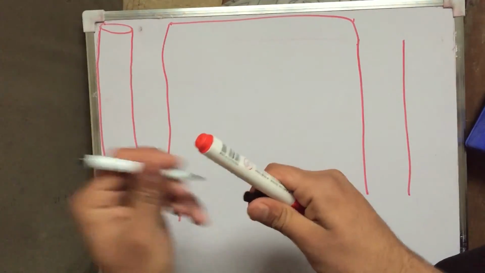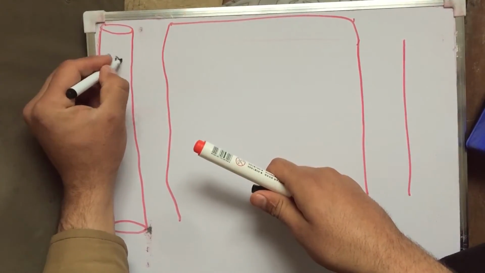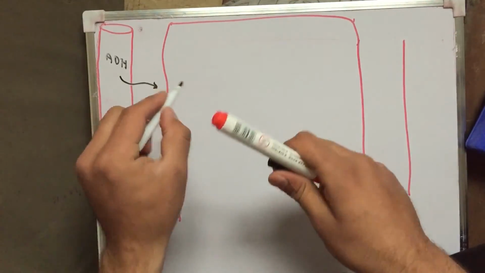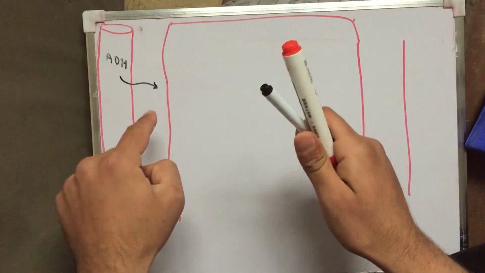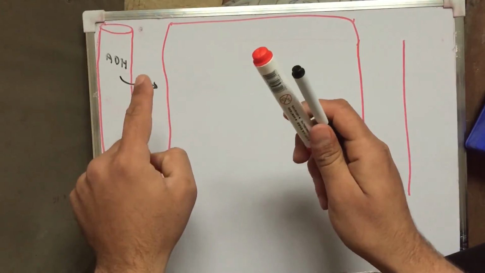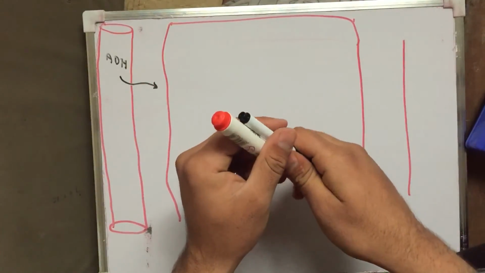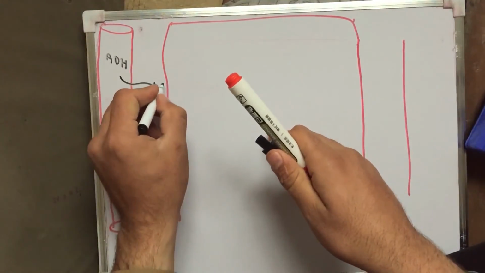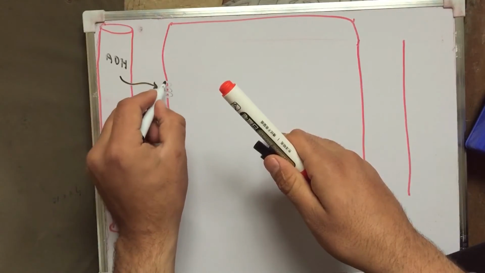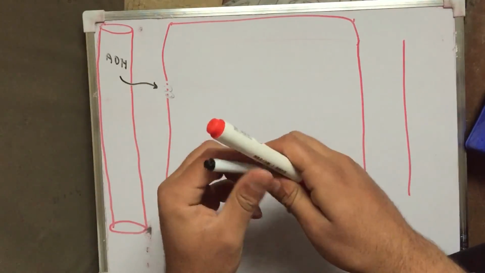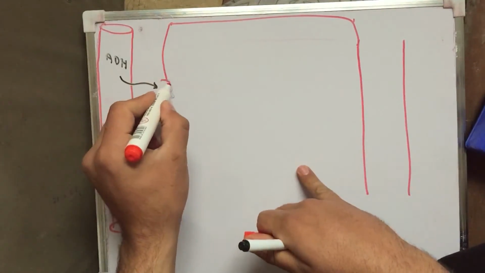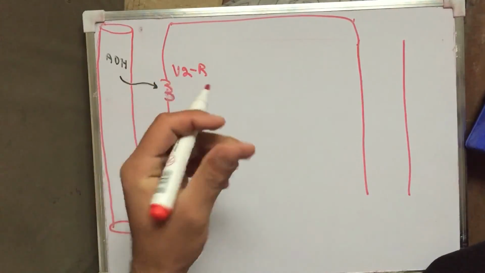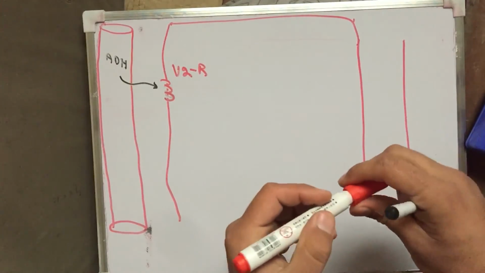Whenever antidiuretic hormone comes here, it will activate receptors on the basal side of the lining cell of the collecting duct. These receptors are called V2 receptors. V means vasopressin 2 receptors.